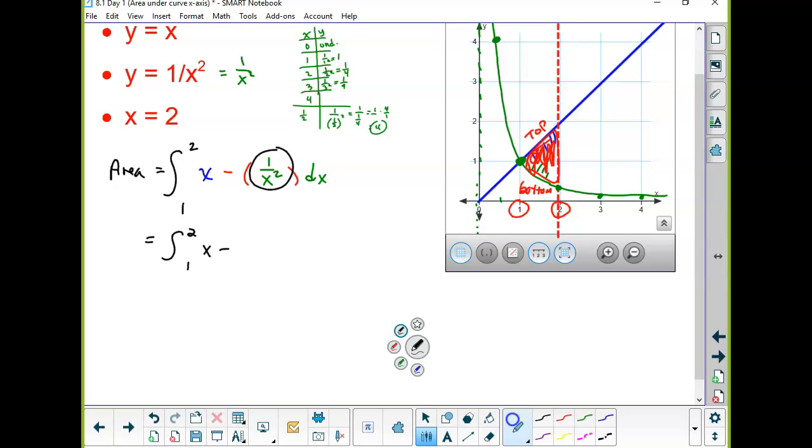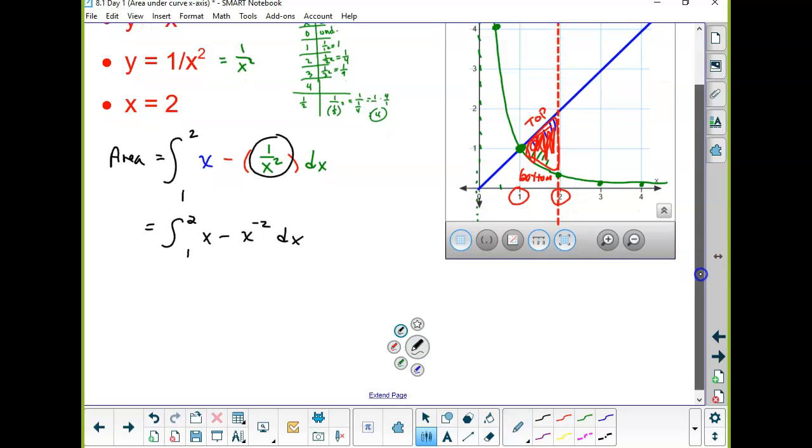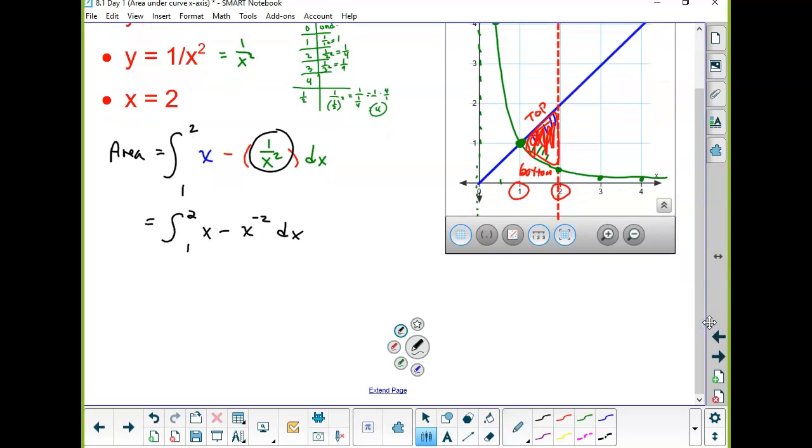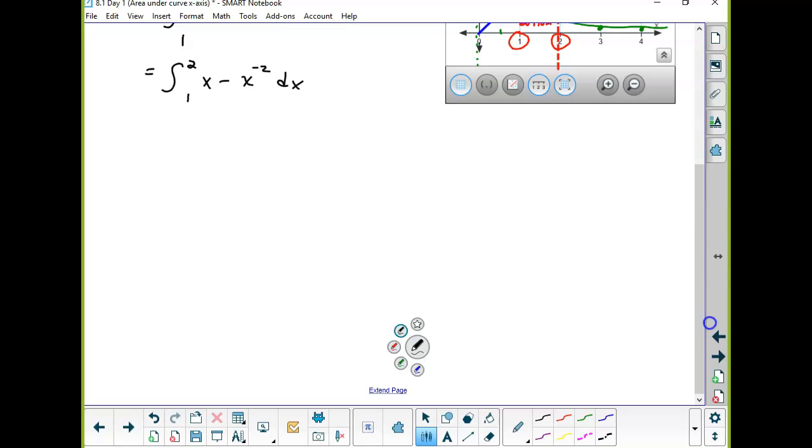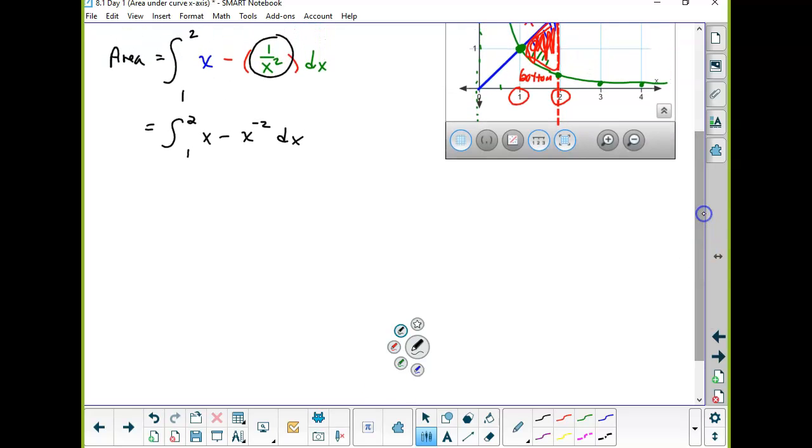If I'm going to take an antiderivative, I'm going to rewrite that so it's x to the negative 2. And I invite you guys to go ahead and evaluate the integral. And if you get done, go ahead and check it with your calculator.